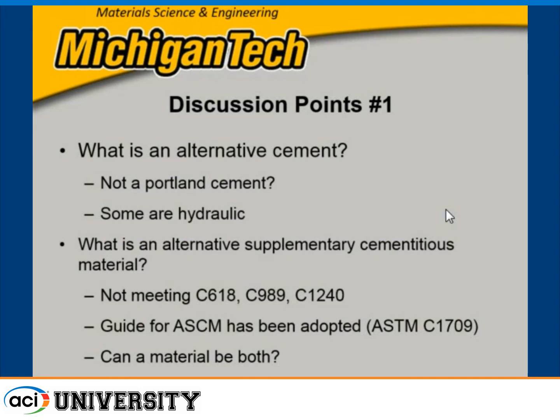In the case of the latter, the sense is that it's intended to be used with a Portland cement. Just like we use fly ash as an additive with Portland cement, we use these alternative supplementary cementitious materials as an additive. They don't stand alone as a cementitious system by themselves. They're not necessarily used as a cementitious system by themselves.